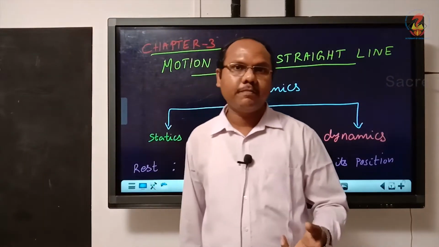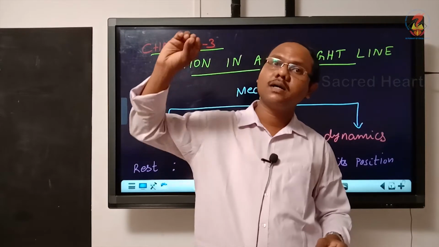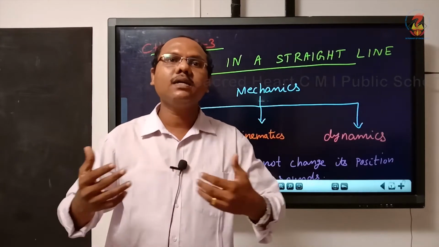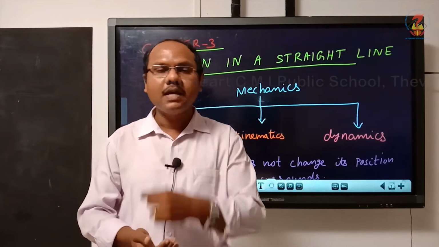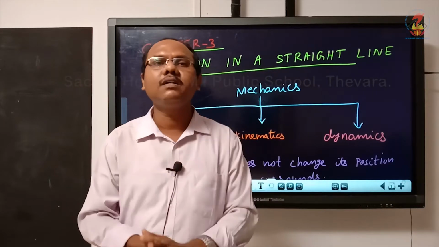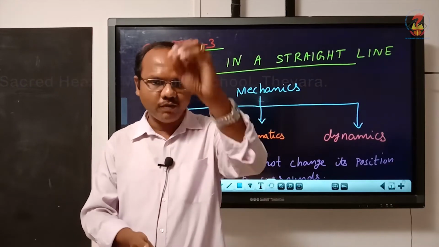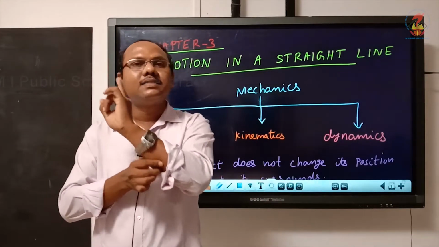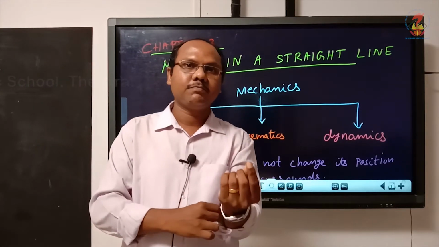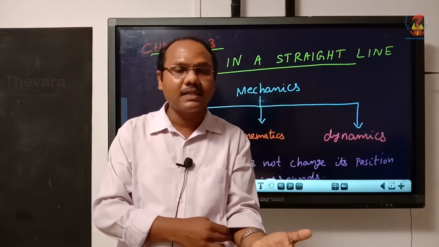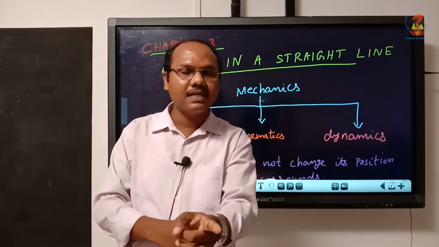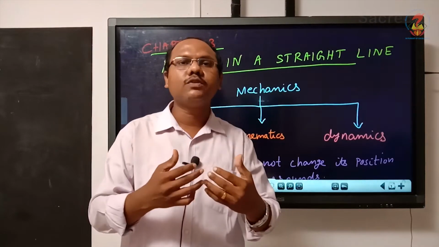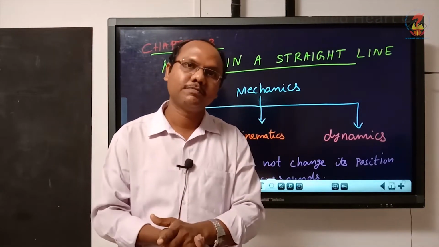Now, a person standing on the surface of the moon and looking at both of us will find both of us are moving. That means when you are sitting in your room and listening to my class, since the earth is revolving around the sun and rotating about its own axis, to a person standing on the surface of the moon, we both will appear moving along with the earth.